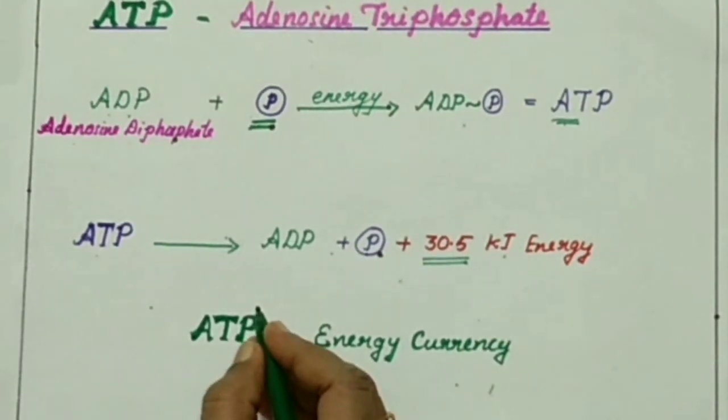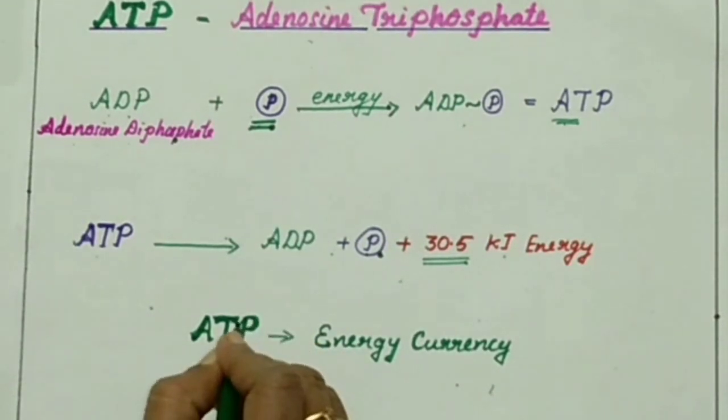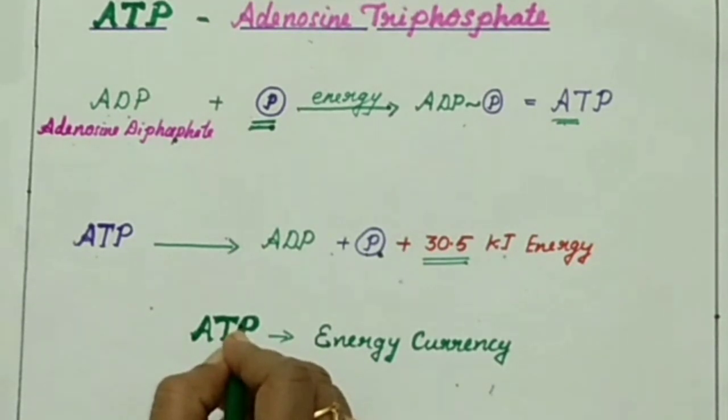Okay children, I'll give an example. You need money for buying many items or other purposes, no? Where do you get this money from? You ask your parents, right? And they will give you money. They give currency from what they have saved or stored, isn't it?